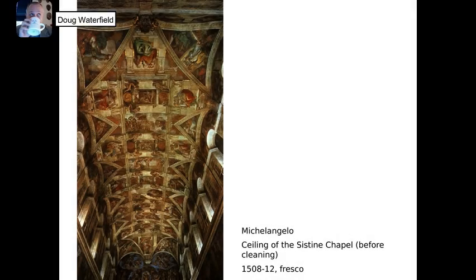Now, this is a view of what everyone was used to seeing of the ceiling before the restoration, before it was cleaned. And you'll see it has sort of a brown overcoating. And it's not bad. It kind of links everything together and gives it a sort of cohesion. But as you'll see in the next slide, the colors are much more vibrant once the cleaning took place.